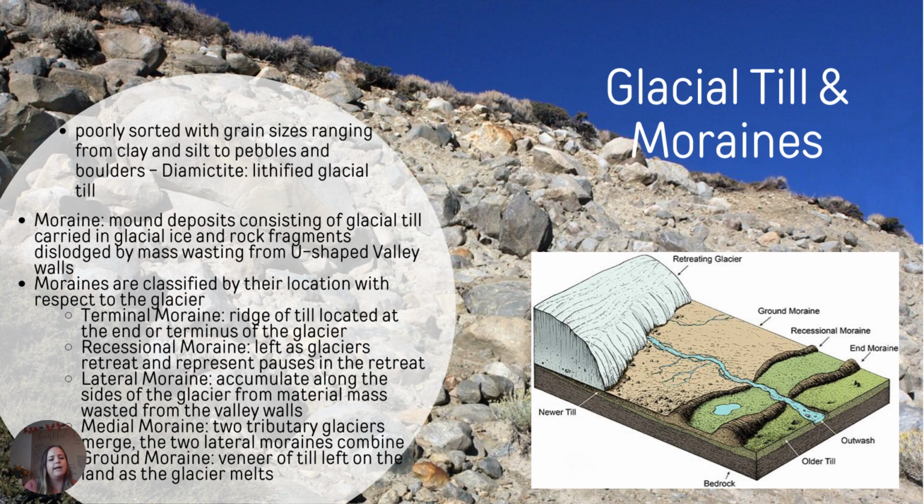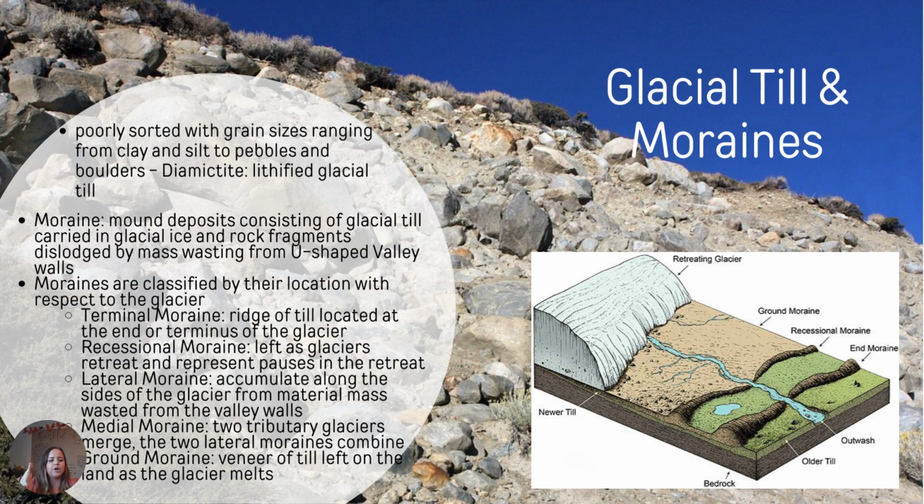A terminal moraine is going to be at the end or the terminus of a glacier. A recessional moraine occurs as a glacier is retreating. It doesn't always melt at a super consistent pace. A lot of times there are steps, and it stops and then maybe it expands and then recedes again. During that, if there is till left behind, we call that a recessional moraine.